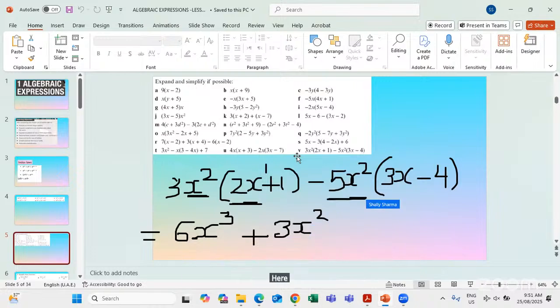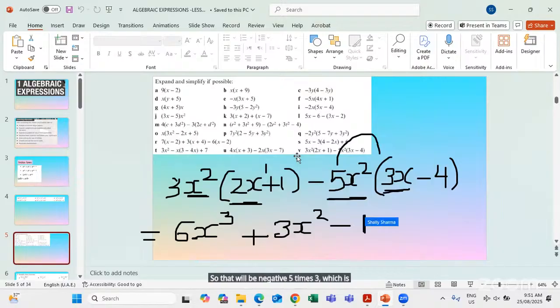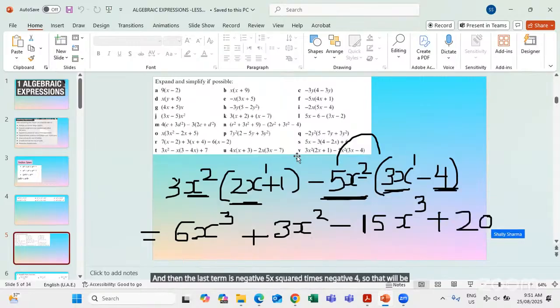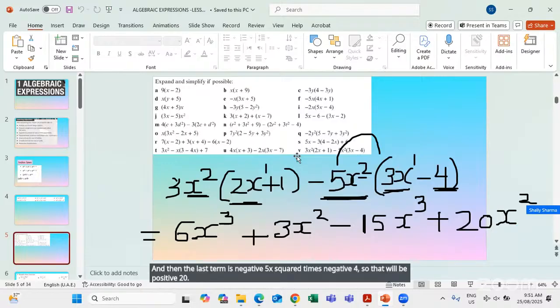Here we have negative 5x square times 3x. So that will be negative 5 times 3, which is negative 15, and x cubed, because here is power 1 and here is power 2, so these powers will be added. And then the last term is negative 5x squared times negative 4. So that will be positive 20x squared.